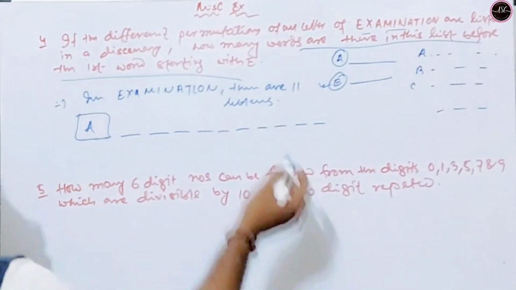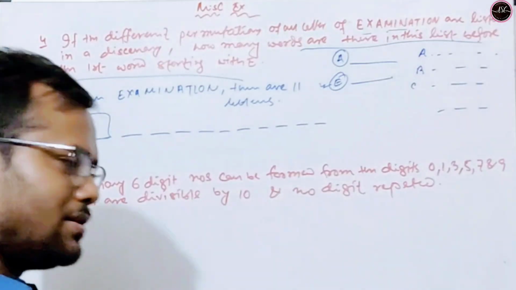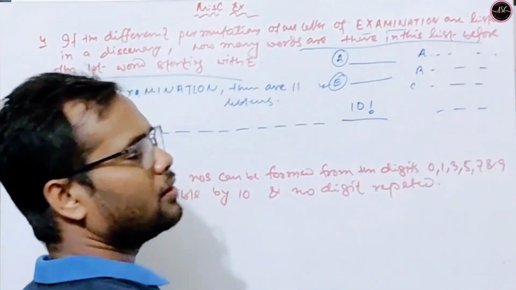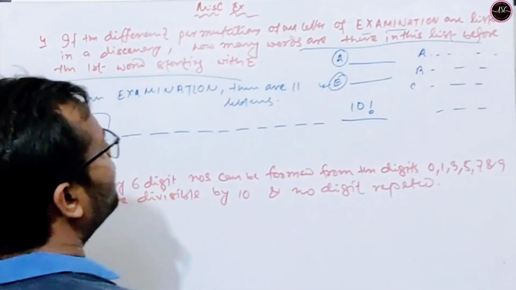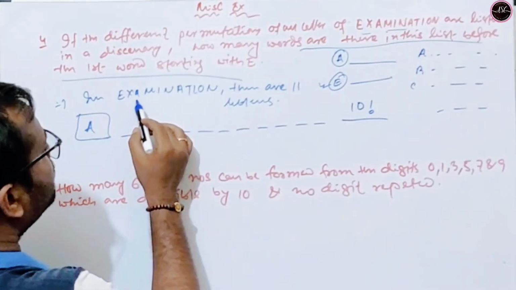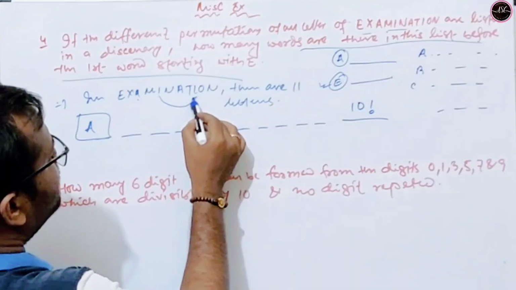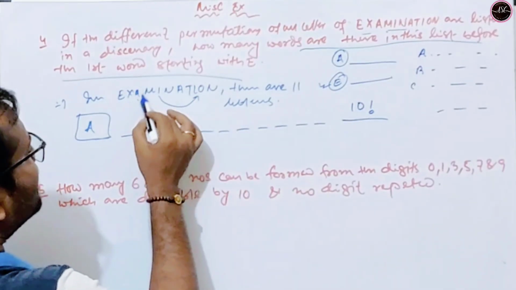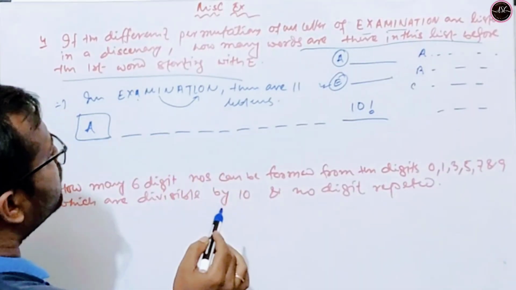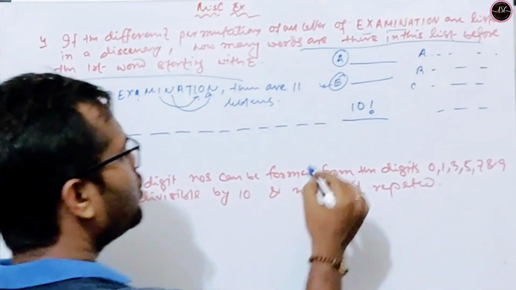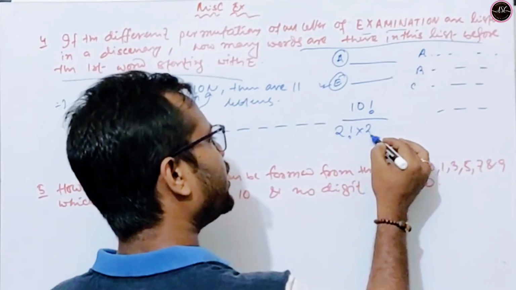So for these 10 letters, we have to find 10 factorial divided by the repeated letters. Here in EXAMINATION, look, I is repeated 2 times. As A is fixed, A has not been repeated. N is repeated 2 times. So 10 factorial divided by 2 factorial into 2 factorial.